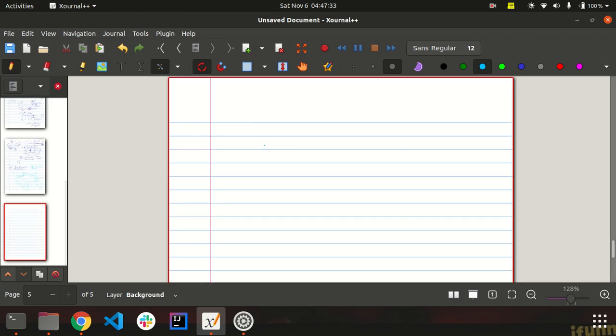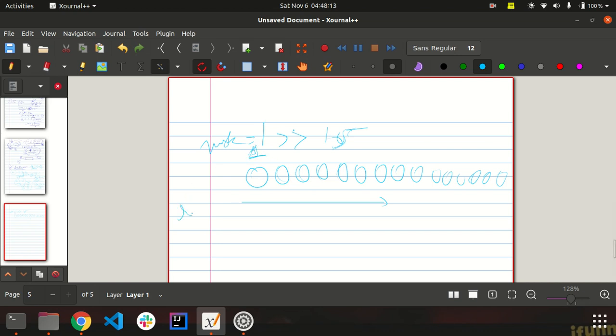Now what we have to do is take a mask and write it as 15. That means we are taking a mask and trying to fill 1 in each position of our result.